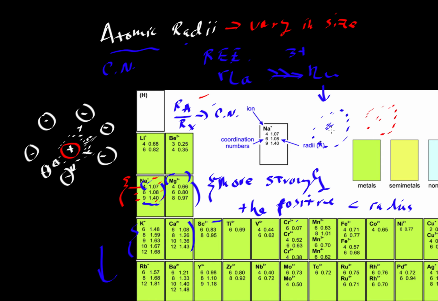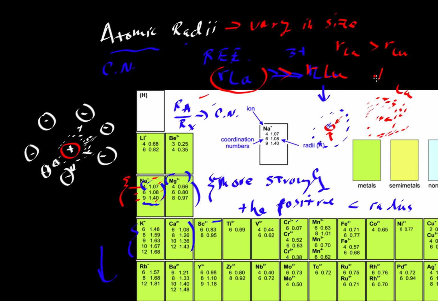If we have more protons in the center of this atom here, it's going to pull those electron orbitals in, whereas if we have fewer positive charges over here, let's say for the case of lanthanum, then there's going to be a less strong electrostatic force between the nucleus and the electron orbital, and that'll cause the atom to be a little bit greater. If the electrons are not as strongly bound by the nucleus, then they can occupy a greater space. And that would be why the radius of lanthanum is greater than the radius of lutetium. We can write that a little bit better: radius of lanthanum greater than the radius of lutetium.